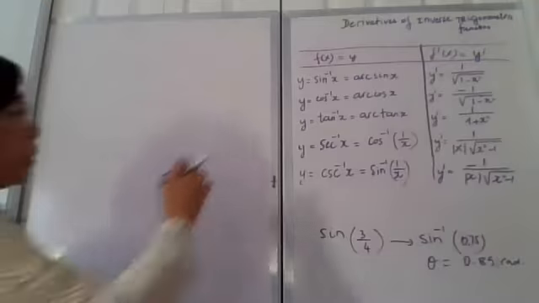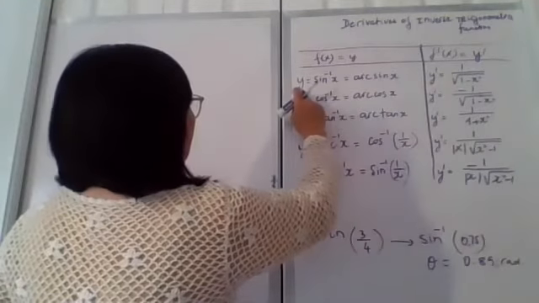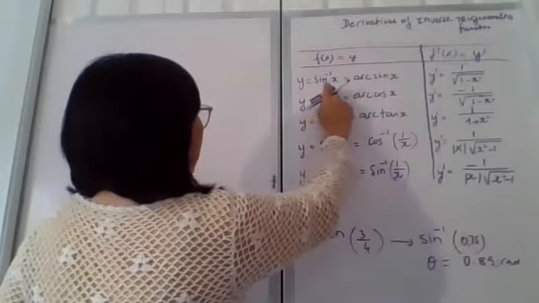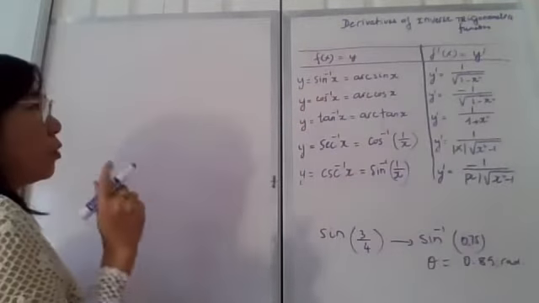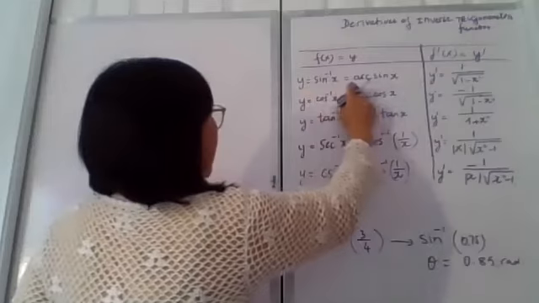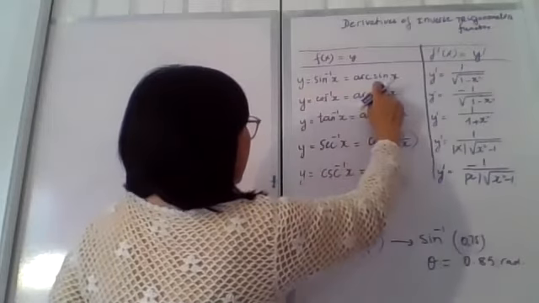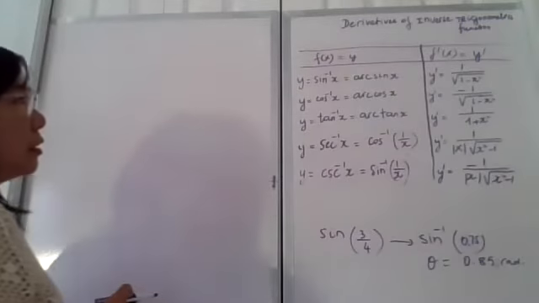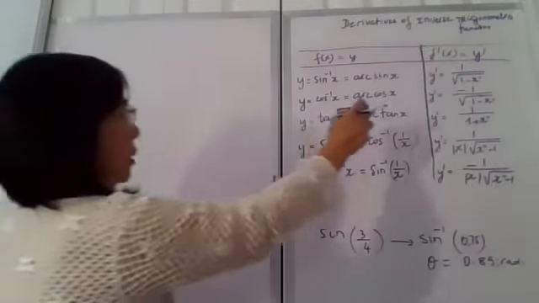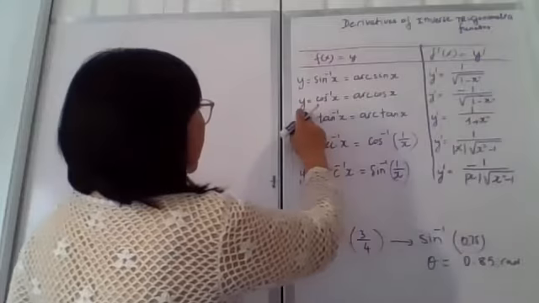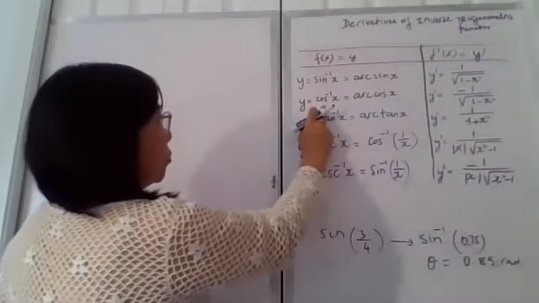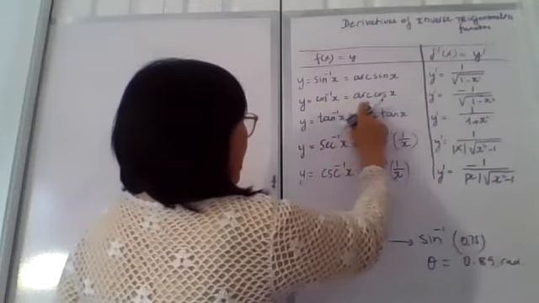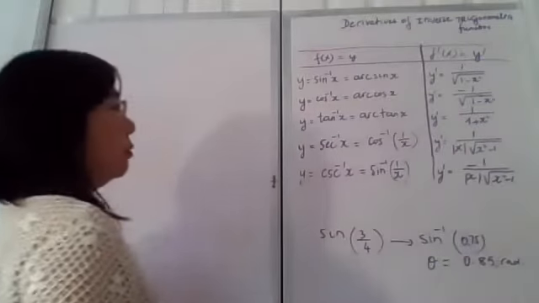Now, in notation, let's say you have a function y equals the inverse of sine x. You can also write this function as arc sine x. If you have a function equal to the inverse of cos, you can write it as arc cos x as well.